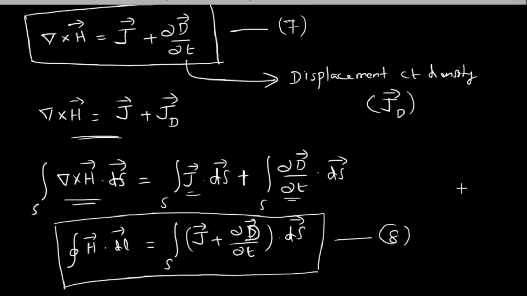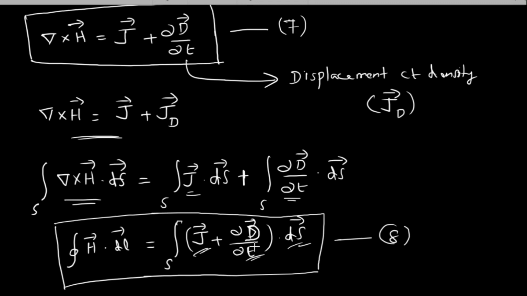So this form of the equation states that the magnetomotive force around a closed path, represented by the LHS, is equal to the surface integral of conduction and displacement current densities over the entire surface bounded by the path.